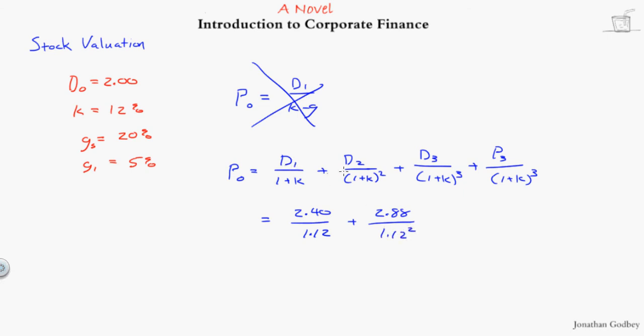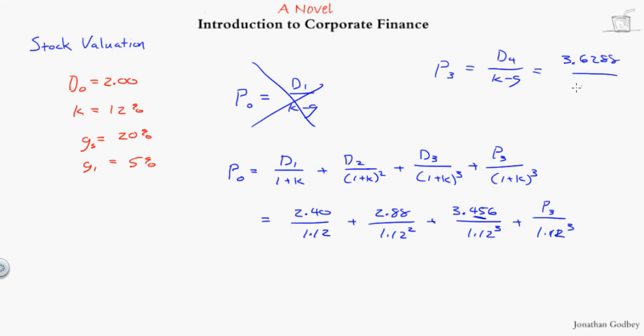So this goes up by 20% by 20%, plus $3.456 over 1.12 cubed plus P3 over 1.12 cubed, and P3 is equal to D4 over K minus G, and D4 is equal to this number times 1.05, so that's 3.6288, which is this times 1.05 divided by K minus G. That's equal to 51.84.